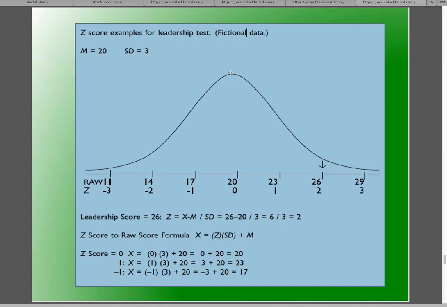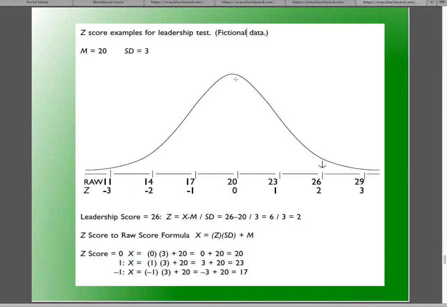That would be about 5 feet 10 inches. Somebody who was 6'5" would be probably about 3 standard deviations away from the mean. And that is just saying that it's very unlikely, very atypical to find someone who is 6'5". Most people are between, say, 5'8" and 6 feet tall.